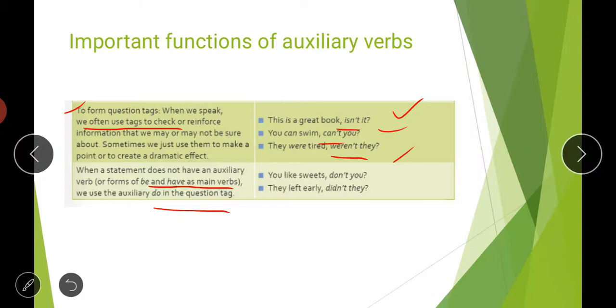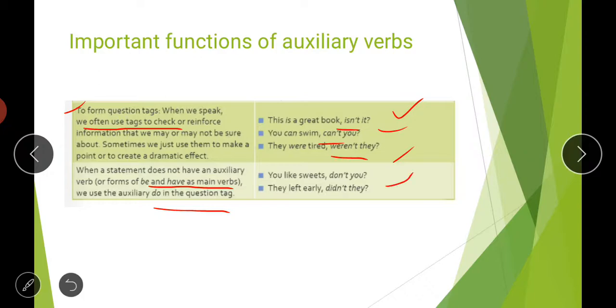When the statement is not having any helping verb, but we want to make a tag question, what we do is use the word do or did, according to the sentence. So you like sweets, don't you?